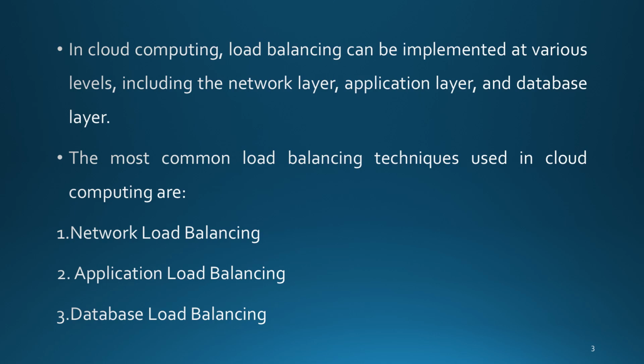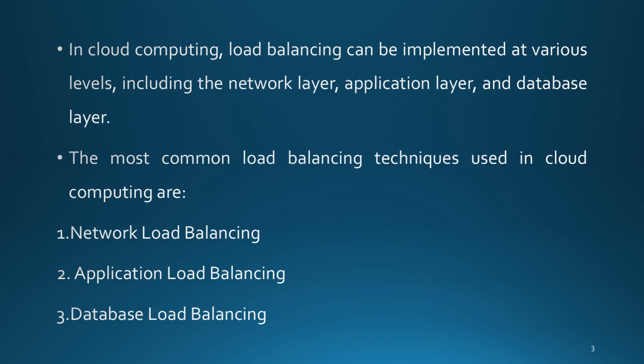The application load balancing is a technique used to balance the workload across multiple instances of an application. It is implemented at the application layer and ensures that each instance receives an equal share of the incoming request.